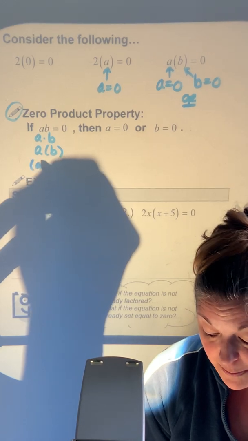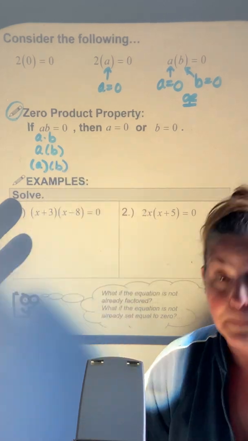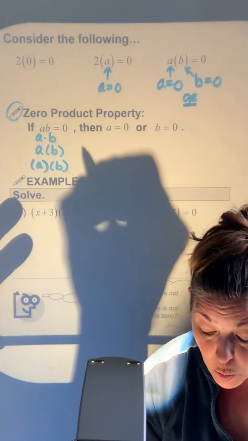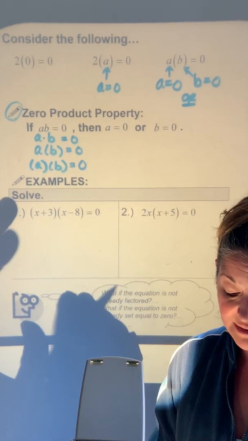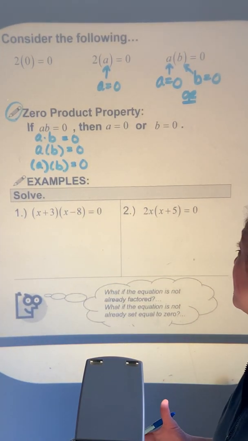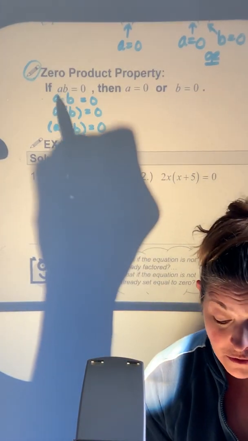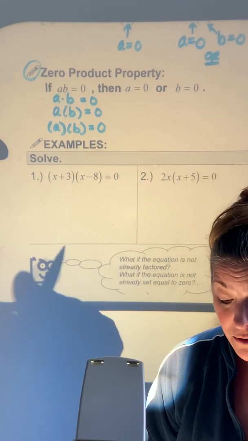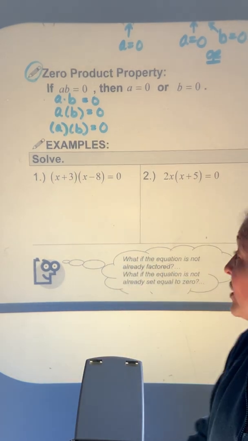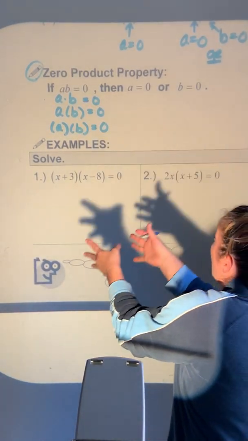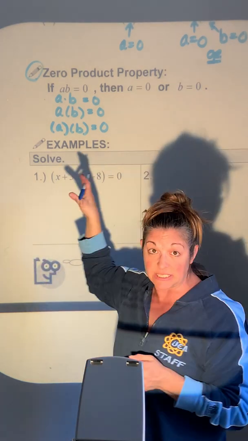Maybe this A represents something in a set of parentheses and this B represents something in a set of parentheses. But either way, we're saying that we're multiplying 2 pieces and we know it equals 0. Well, then all we can say from there is that either the first piece, the A, was 0, or the B must have been 0. That's the only way you can get a product of 0, is for one of your factors to be equal to 0.